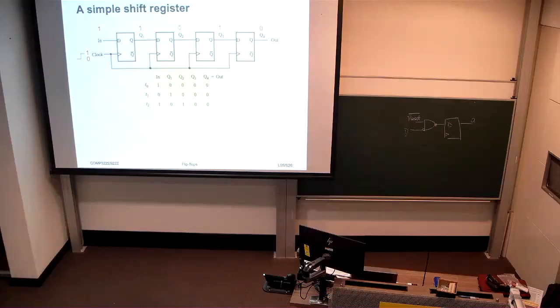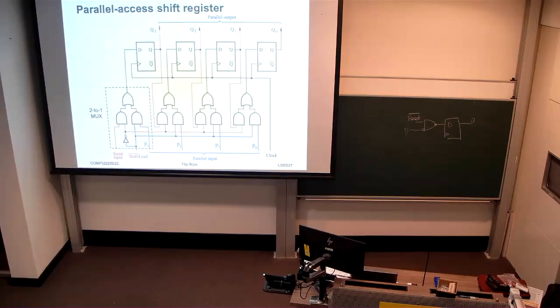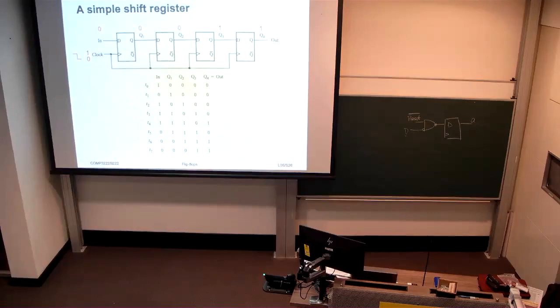And so we see as time goes on, with changes in the input, they get transferred out to the output of the shift register, as we see. The bits get shifted to the right.